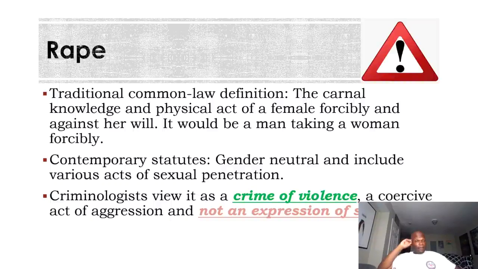I stand in solidarity with my female students in that if they have experienced any form of assault, that's not okay. It's never, ever okay.